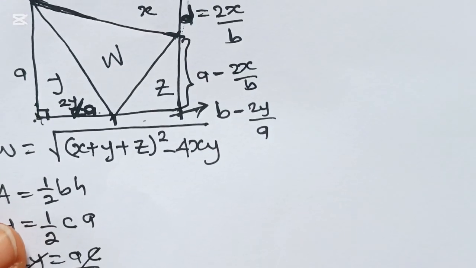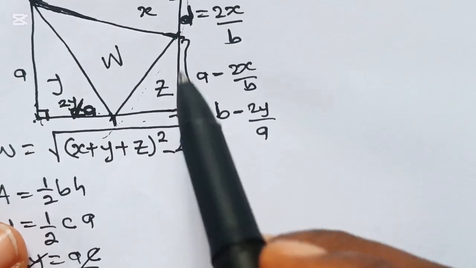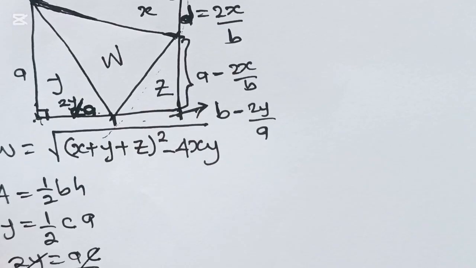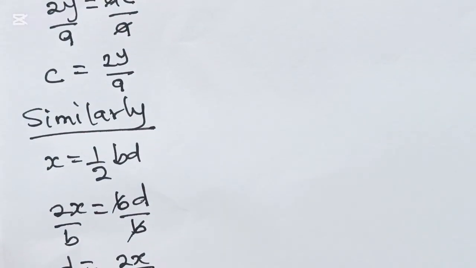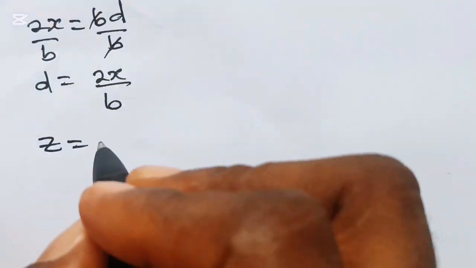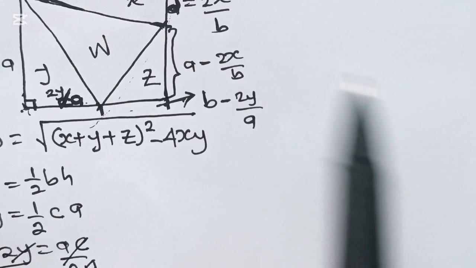Now I want us to take note of this particular shape, this right angle triangle, the z. To get the area of z, z is equal to half multiplied by the base, which is b minus 2y.